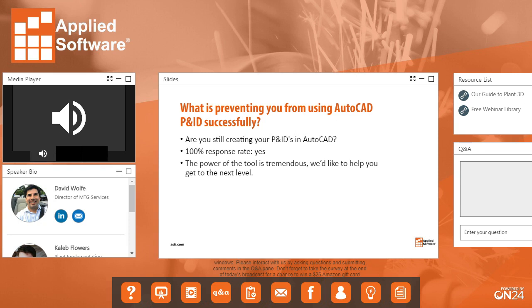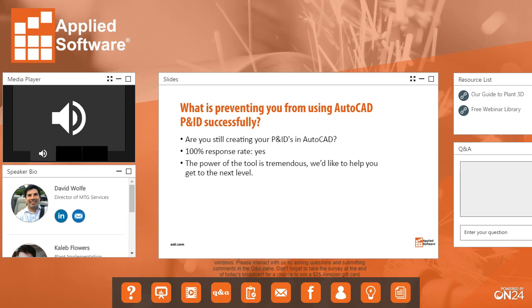So as we go forward with new customers, and even existing customers who still have their content in the traditional AutoCAD DWG format, it's important to show them that the tool is pretty easy to set up and get going with, and that you can work on your P&IDs much more quickly and efficiently.